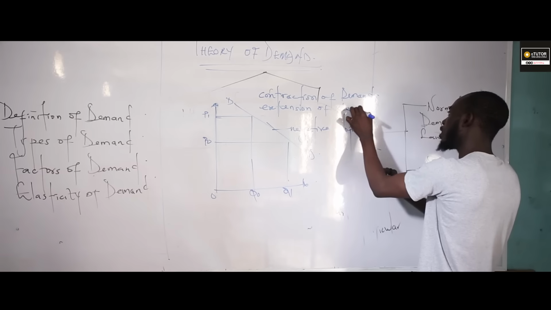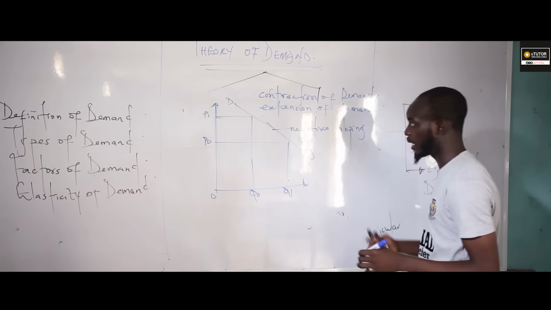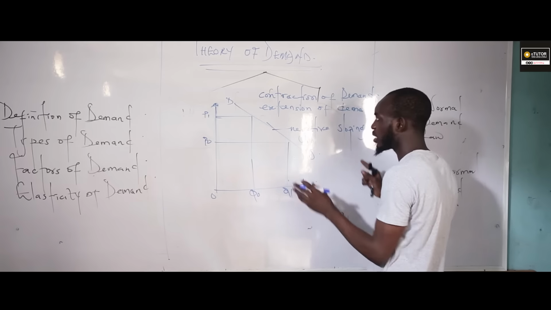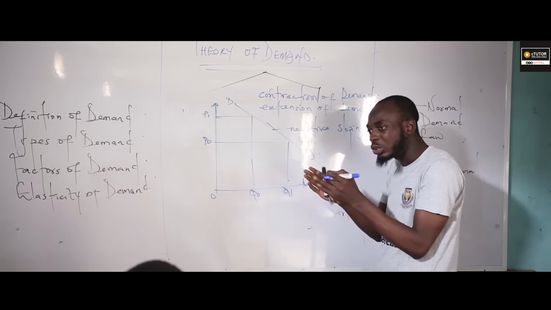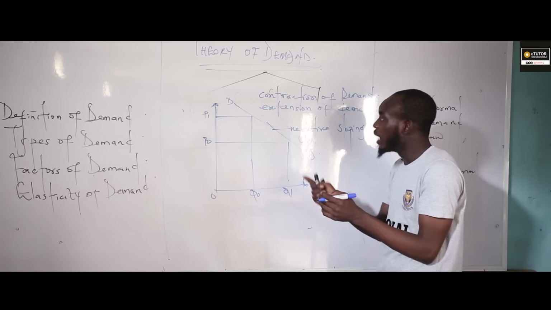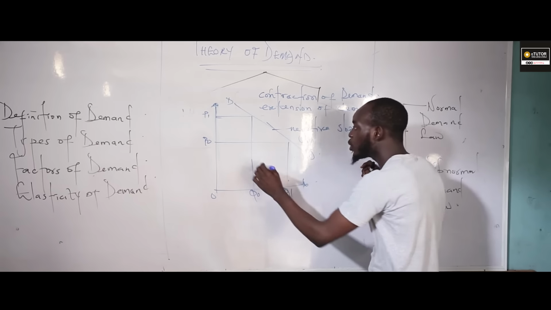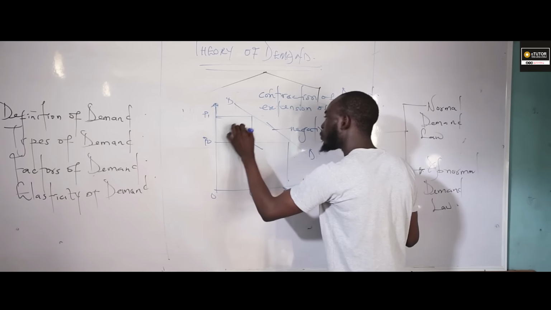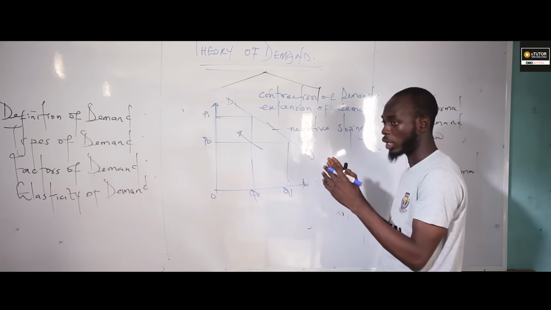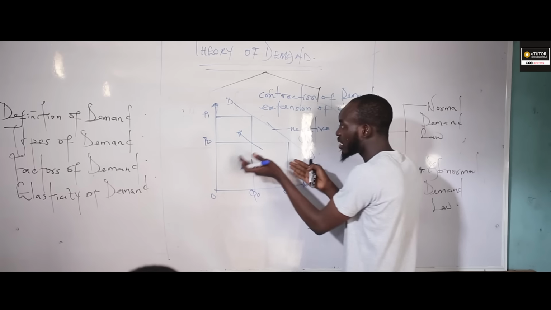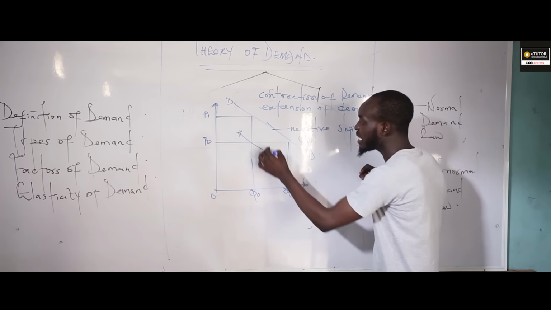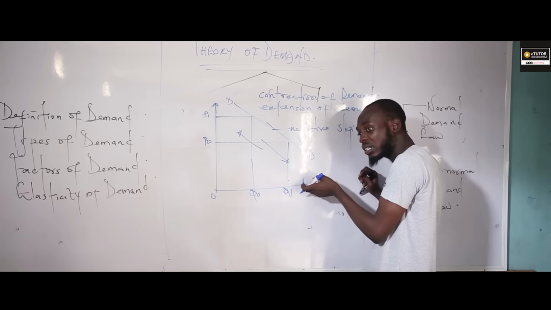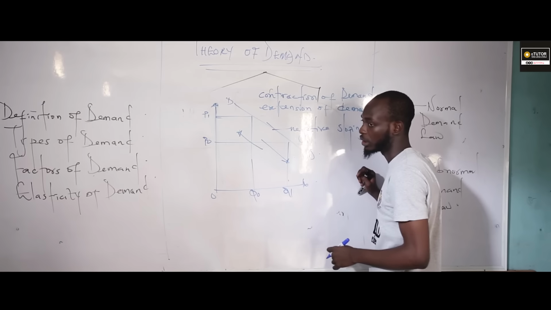From the dictionary meaning, contraction means when you try to adjust or suppress something. So contraction of demand simply means when the price is increasing, we have contraction. Whenever the quantity demanded is increasing, we have extension.